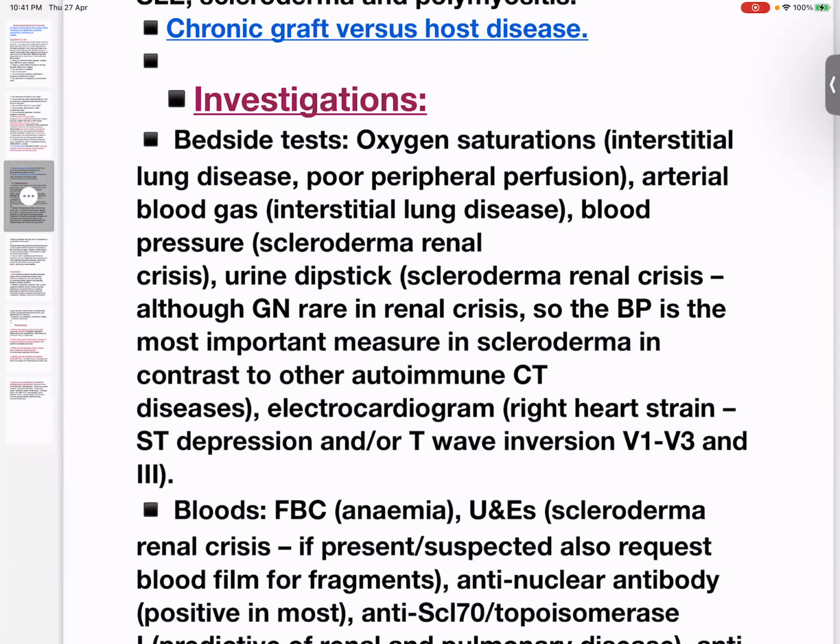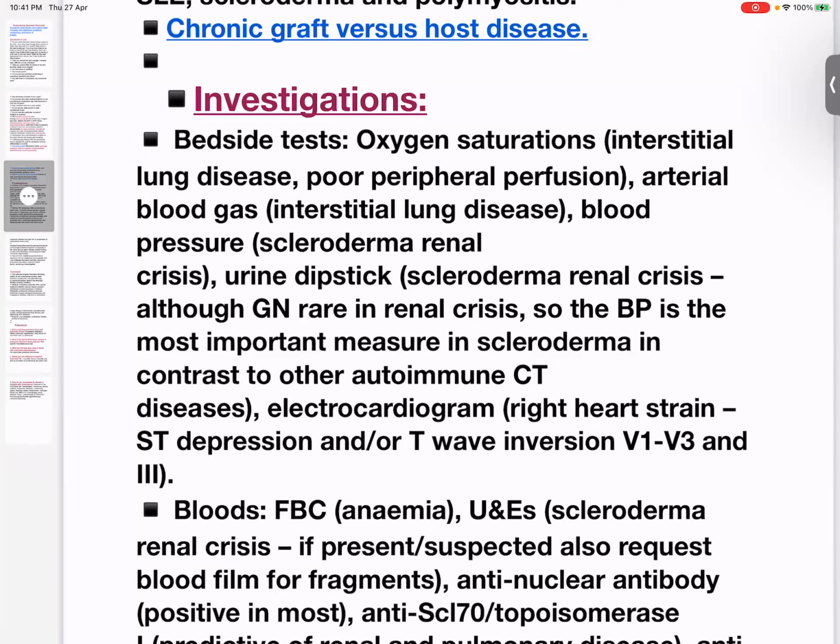ECG should be done, right heart strain. You will find ST depression and/or T wave inversion in V1 to V3 and in lead 3. So these are manifestations of pulmonary hypertension and cor pulmonale.